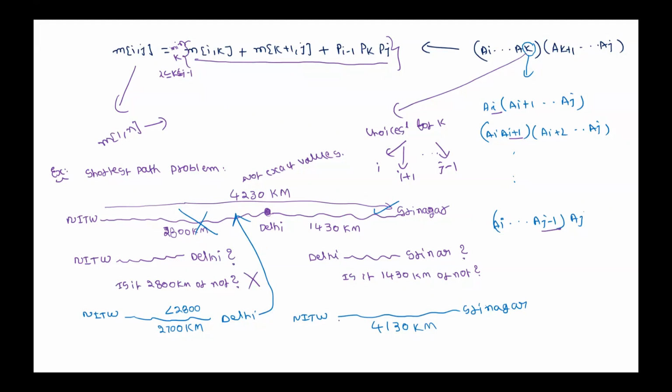Then what is the total distance from NITW to Srinagar via this new path? 4130, which is less than 4230 kilometers, which we assumed as shortest, no? But 4130, is it possible or not?